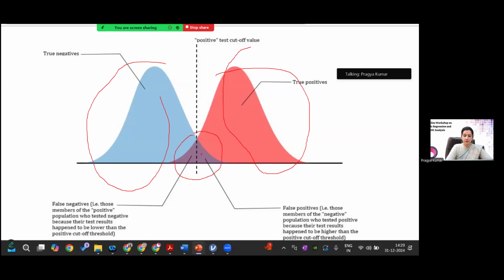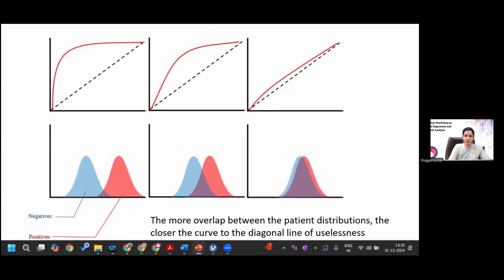And this is false positive. They are those members of the negative population who tested positive because the test result was higher than the positive threshold. Actually, they are healthy. But since the result came towards the diagnostic side, more than the cutoff, that's why they tested positive.